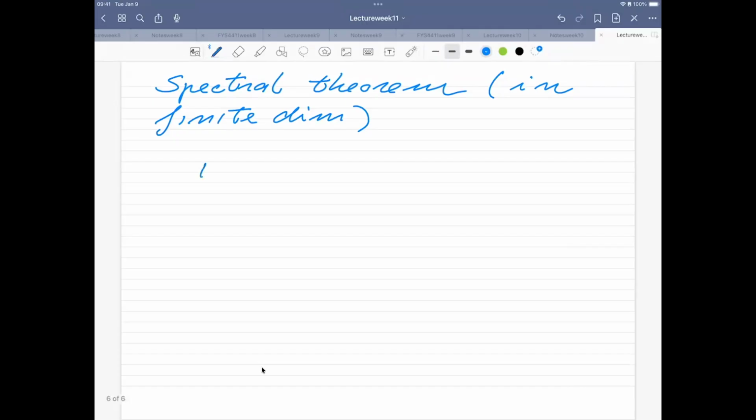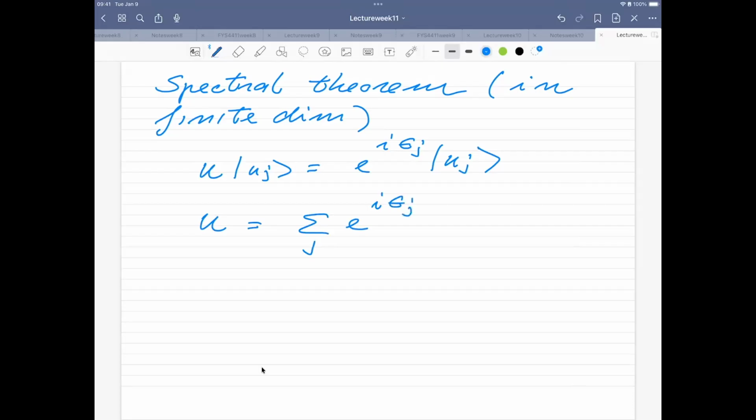So we have already seen that one because we know that when we have this basis, we have U acting on this u_j, so these are the eigenstates. So we have e to the power of i theta_j multiplied with u_j. What we can do then is to rewrite U in terms of the spectral decomposition, where we have the eigenvalues, and then the outer product, which is defined by the eigenbasis which we have.